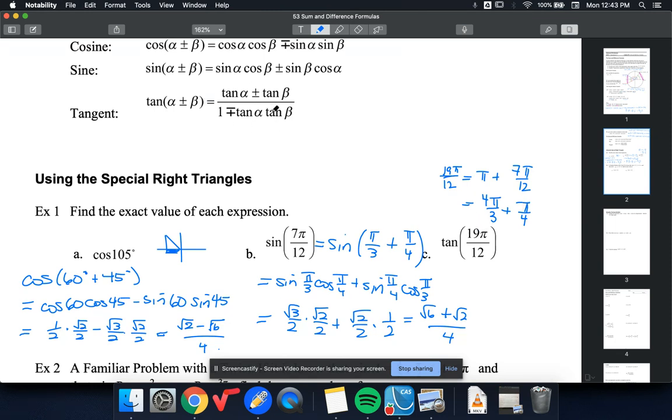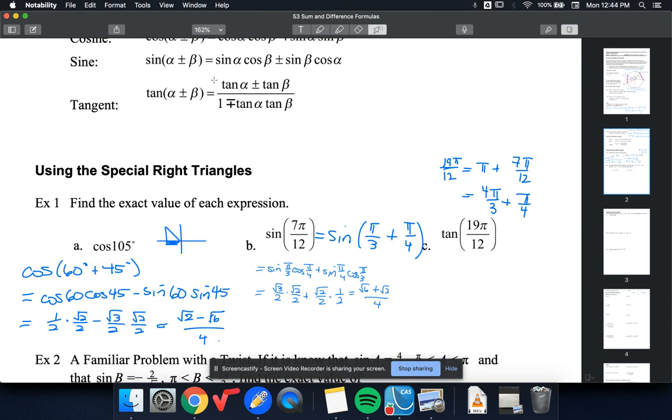So now I can use my tan formula. I'm going to take this and shrink it down a bit so I have some space. All right, so my tan formula says tan of 4 pi over 3 plus, I've got this plus there, tan of pi over 4 all over 1 minus, taking the top one because I've got the plus there, tan of 4 pi over 3 times tan of pi over 4.